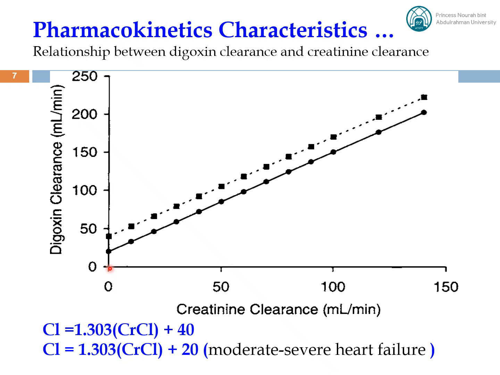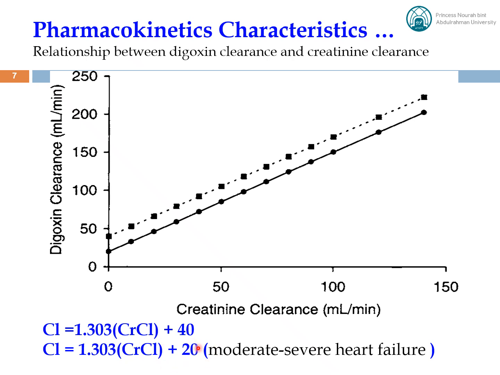It could be other than the liver metabolism. So if the patient has severe, moderate to severe heart failure, the non-renal clearance will be reduced. Instead of 40, it will be 20.